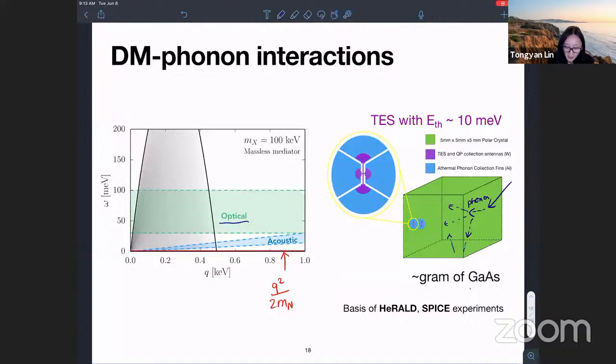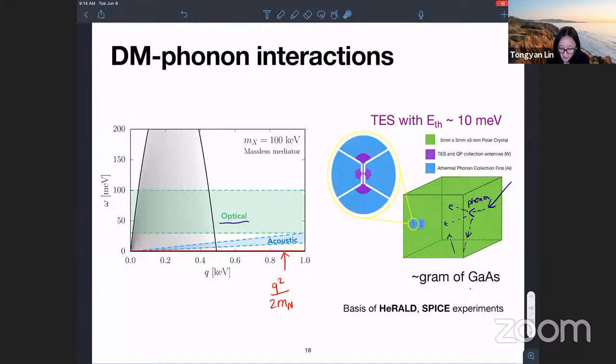And the proposal is that the surface of this cube would be instrumented with these collection fins and TESs. So what does that mean? The blue region is a region where the phonons can be collected. So that means as these lower energy phonons are bouncing around inside, some of them might hit this collection fin, this blue region, and be absorbed there.